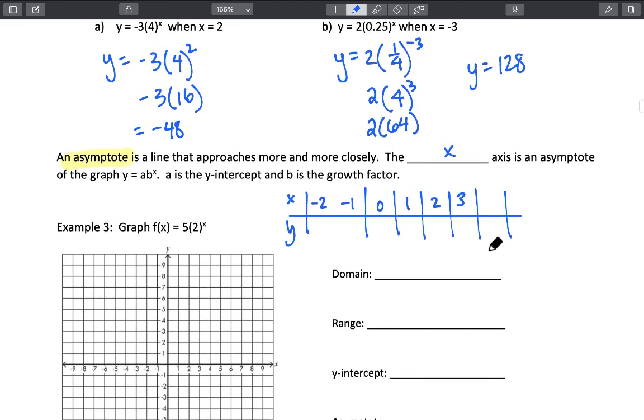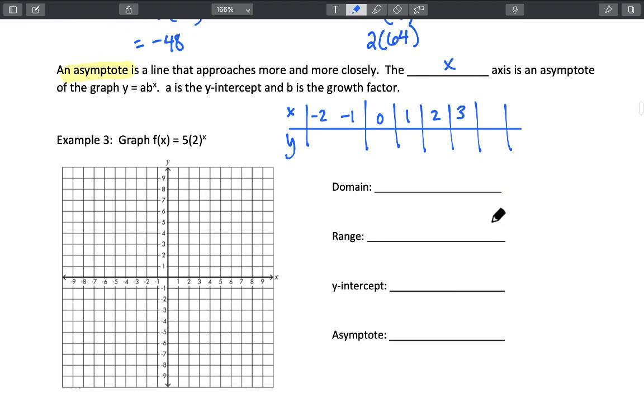All right, a little bit about some of the properties of these exponential functions. Y equals a times b to the x has some similar properties, and it also has a couple of new types of properties. One type of property that it has is this thing known as an asymptote. Now, an asymptote is a line that the graph approaches more and more closely.